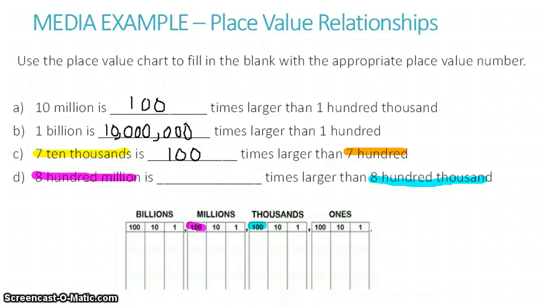Okay, so we can just compare by counting the number of places between them in the place value chart. So starting at 100 thousands, we move to millions, 10 millions, and 100 millions, and that's 3 place values. So we have a 1 with 3 zeros. So 800 million is 1,000 times larger than 800,000.